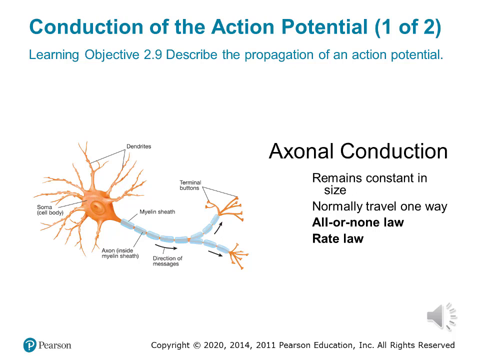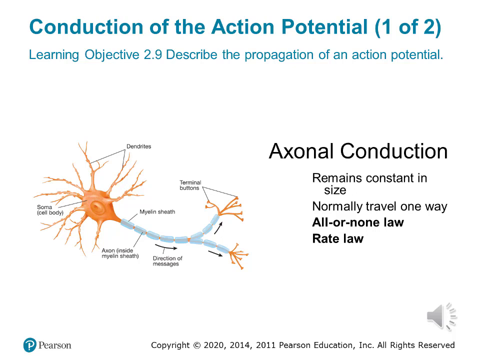So you get a nerve impulse, an action potential, that then is conducted from the soma all the way down the axon, and that's what we call axonal conduction.